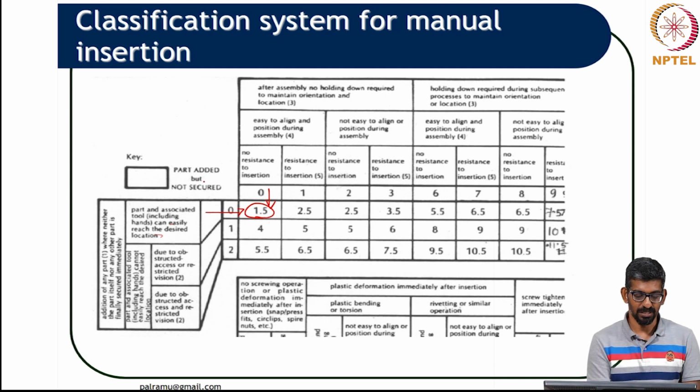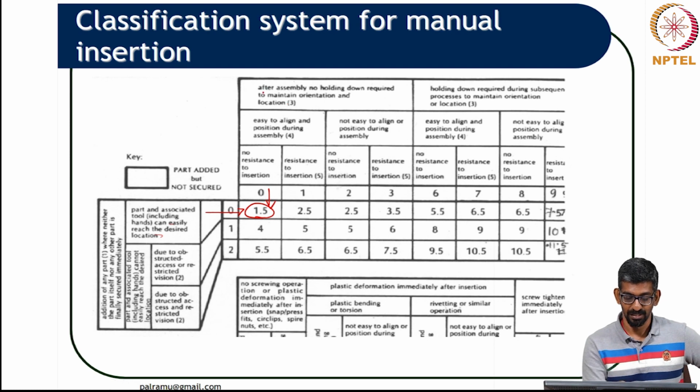The part is added but not secured. The part can easily reach the desired location, there is no problem, hence it is 0. Then you look at, after assembly no holding down is required to maintain the orientation and location. Is this correct?